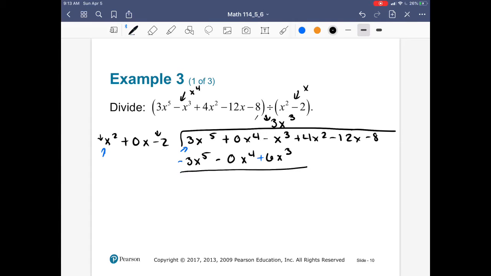We do the math. These cancel out. The 0x, I don't really care. 6 minus 1 is 5x cubed. And then we're going to bring down what's next. Now, on this one, I'm going to bring down 2 terms because we must have 3 terms like here. So I'm going to bring down plus 4x squared minus 12x.